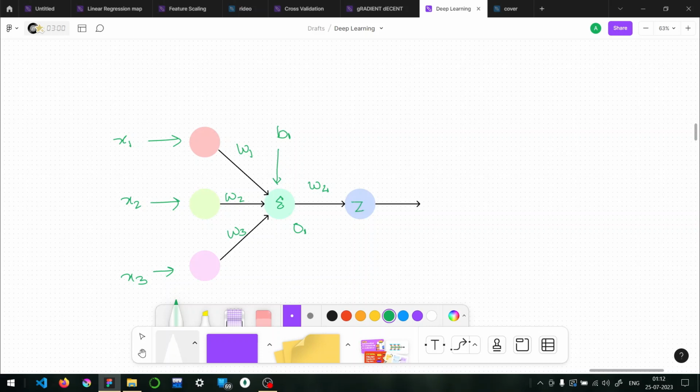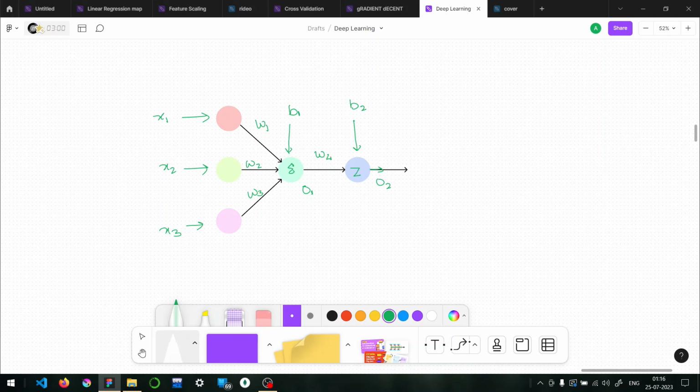Then after processing the input taken and the weight associated to it, it will give some output. Let's suppose that output is O2. And we are having a bias updation here as well, that is B2.